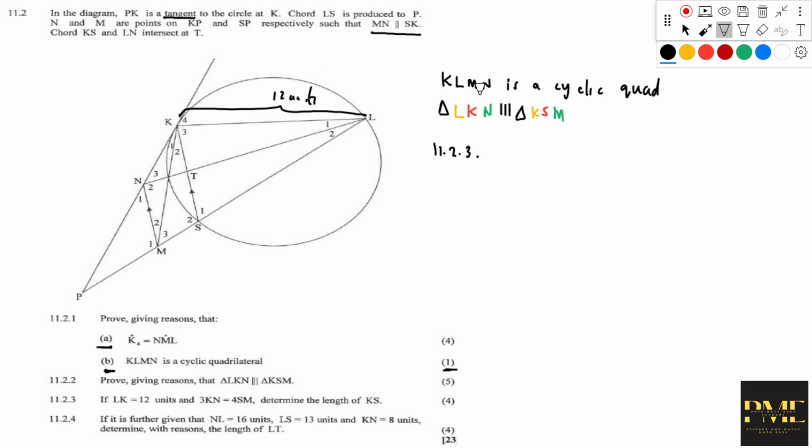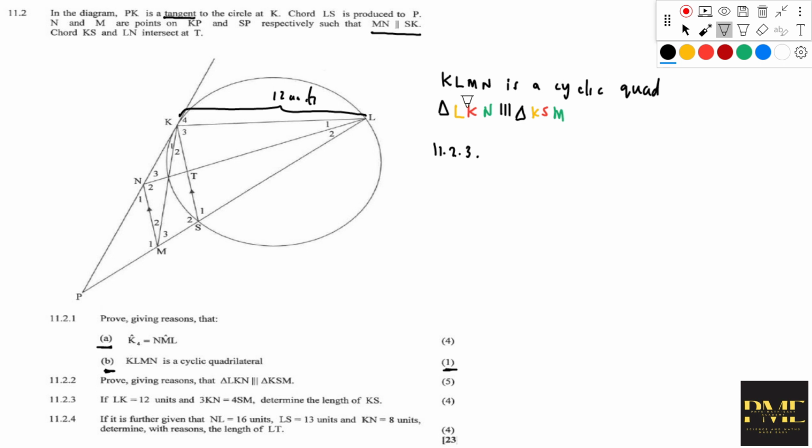So let me say this, guys: once you've proven that your two triangles are similar, the next thing you can do is use the fact that once your triangles are similar, corresponding sides are in proportion, okay. Corresponding sides are sides which are made of two equal angles, okay.